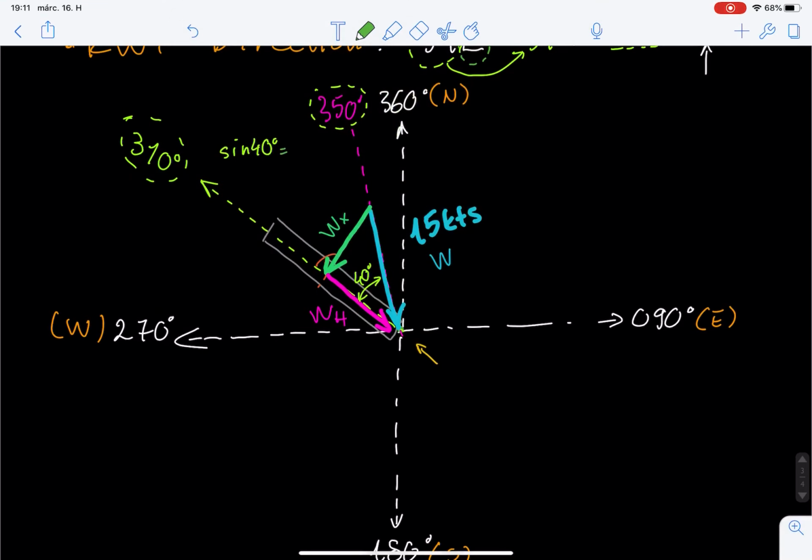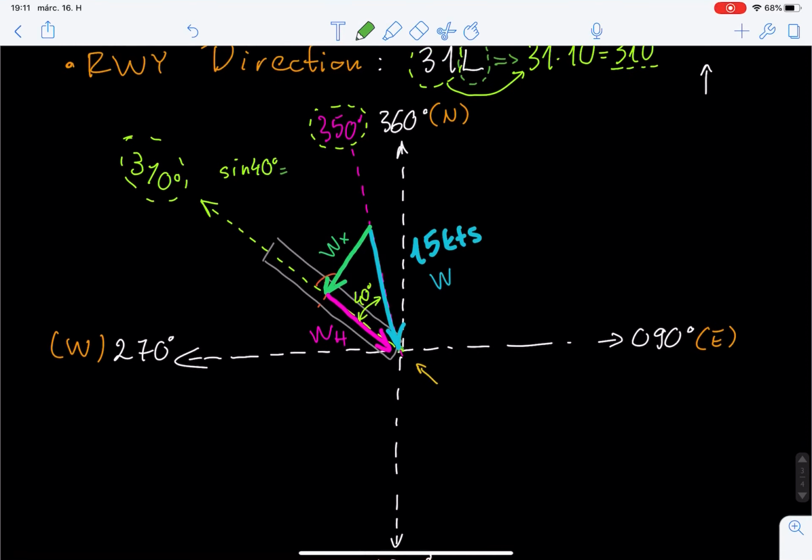So sine of 40 degrees would be the opposite side over the hypotenuse of the triangle, which is the 15 knots. So sine 40 is WX over 15 knots. Therefore, we can calculate the crosswind component as sine 40 degrees times 15 knots, which I'll calculate with a calculator.